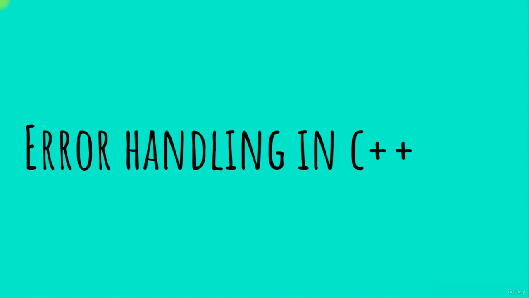That is mathematically not possible. So how do you handle different kinds of errors in C++? Let's say a certain type of error happens in your program. Instead of terminating, or the code stopping, you can just print a message that such and such error has happened. This type of error handling is performed in this section of C++.